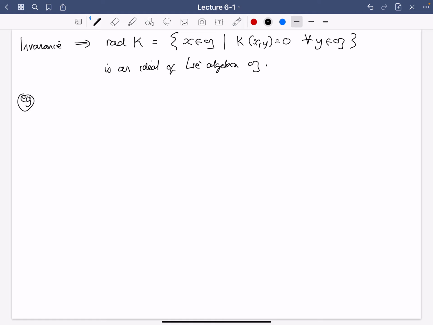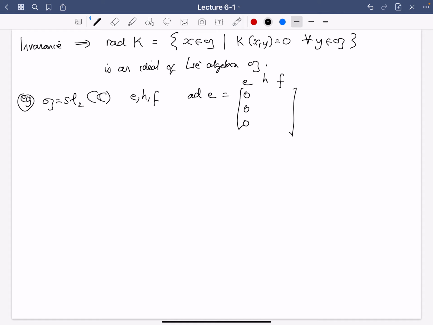Let's do SL2. For SL2, we have our usual basis. We've played with this before, and we know what ad E looks like. It's a three-dimensional Lie algebra, so ad E is going to be a 3 by 3 matrix in this basis E, H, F. Ad E of E is 0.